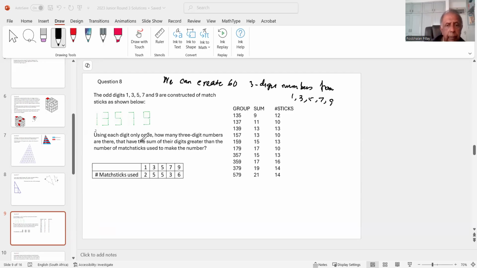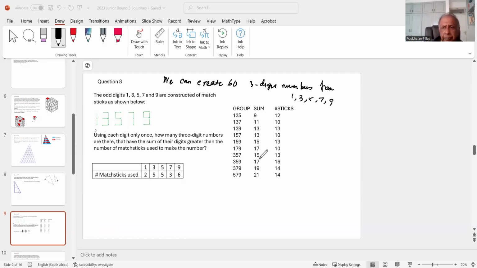Right. Now, from these 60 numbers, you want to know how many of them have the sum of the digits greater than the number of matchsticks used to make that number.